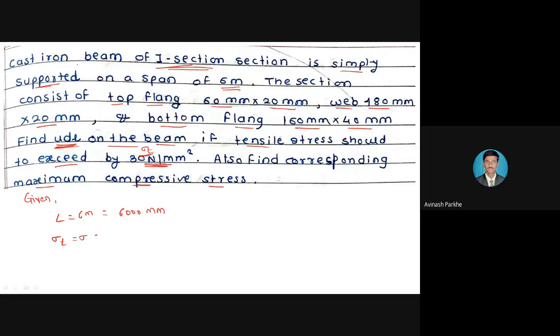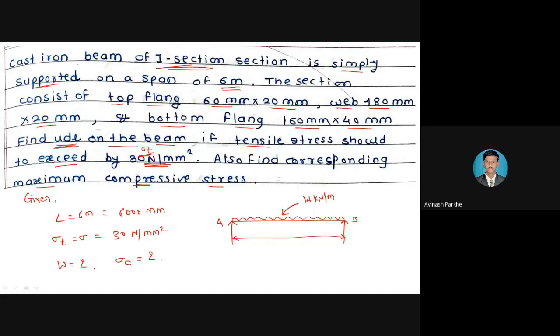Sigma T is equal to 30 Newton per mm square. We have to calculate the magnitude of UDL, that is W, and sigma C as the compressive stress. The type of beam is already mentioned. It is a simply supported beam, supported at the two ends. At point A a support is there, at point B a support is there, and it is subjected to UDL on the entire span. But the magnitude of UDL is not given, W kilonewton per meter.